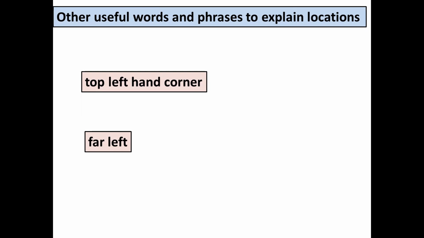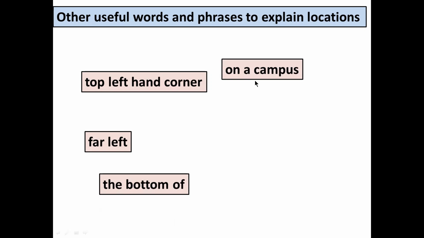And when we say top left-hand corner, it means on the top left-hand side corner, yes? The bottom of. So look for the meaning of the word bottom in your dictionary. Down.